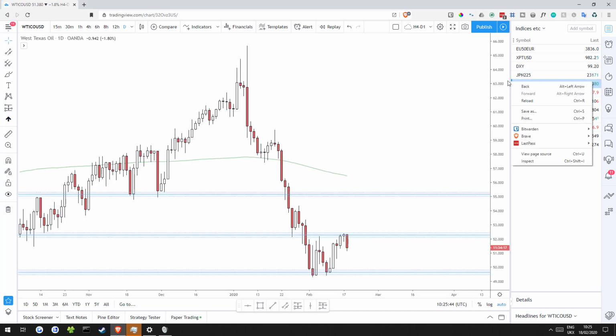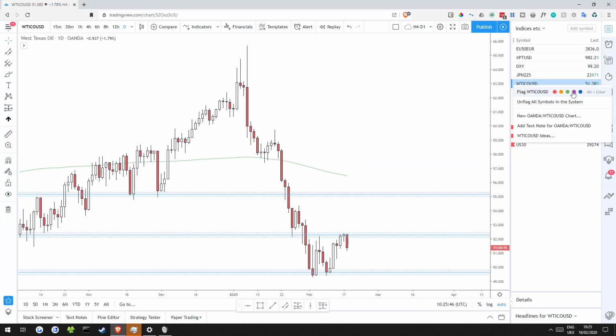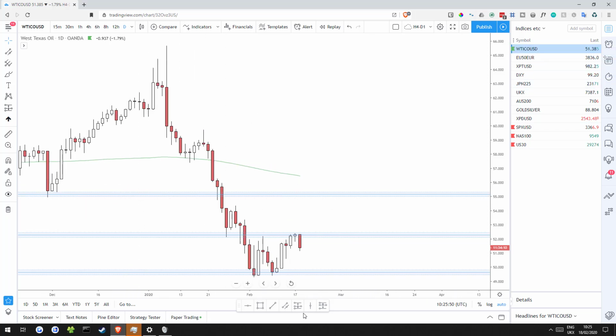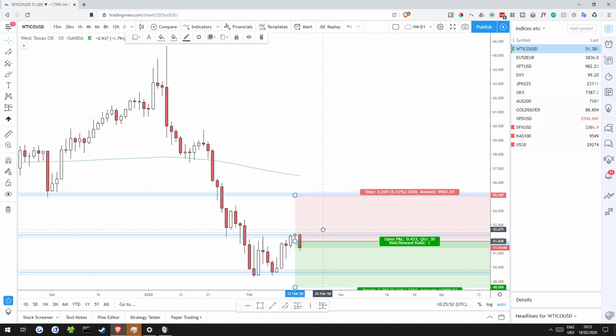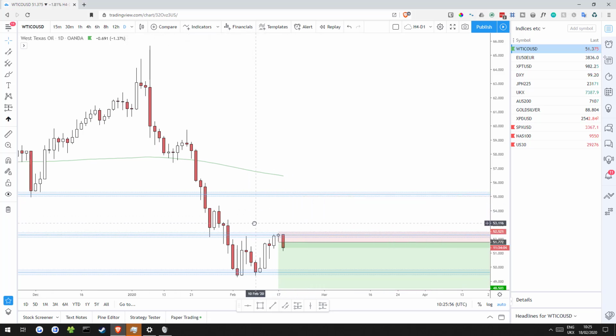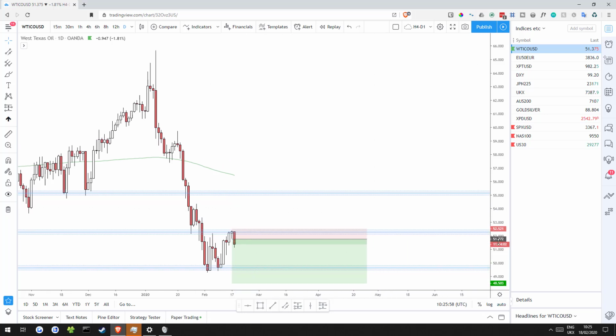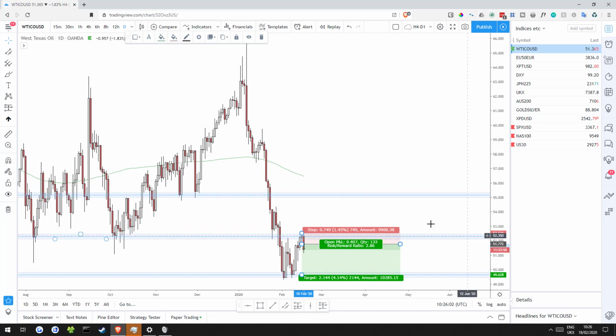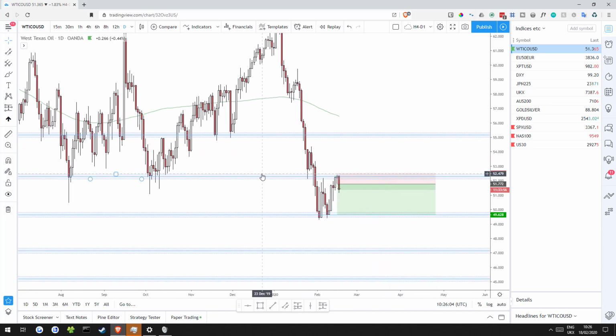You know what I'm going to do? I'm going to mark this as green and let's just pretend that we took it. You know what I mean by pretend that we took it. We'll just draw this on as if we took this setup and then we'll see how it would have played out had we actually taken it.